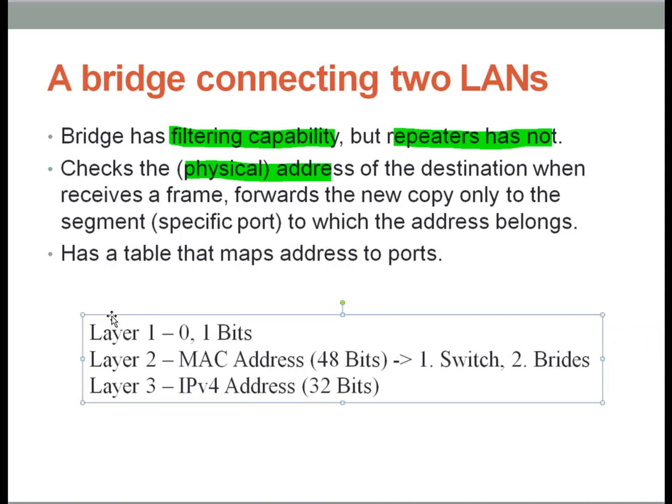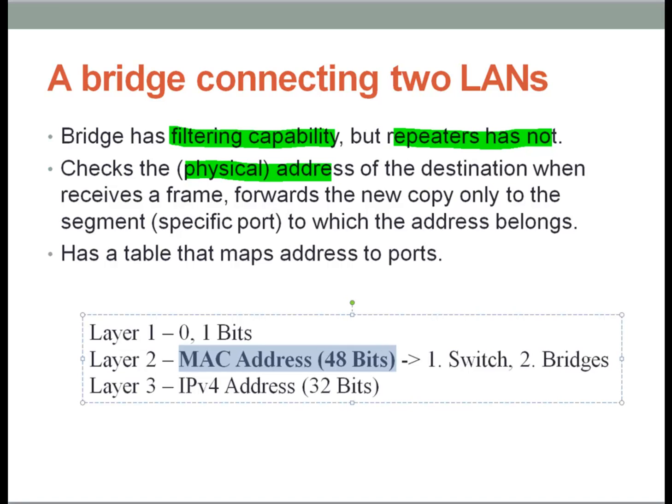Now both these devices, that means the switches and bridges, are going to see only the MAC address. Based on the MAC address only, they are going to forward the frames or discard the frames. So this is the point.